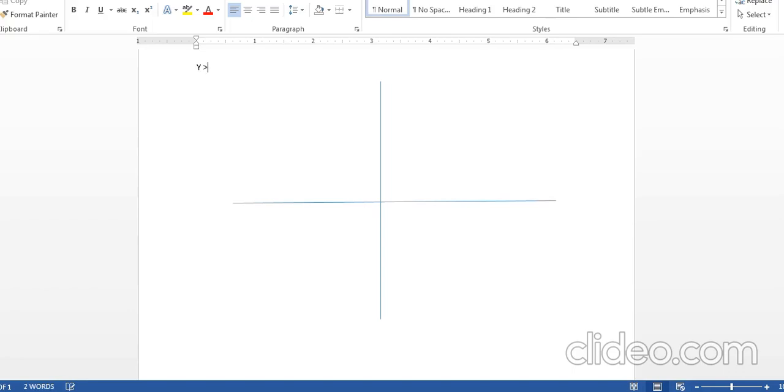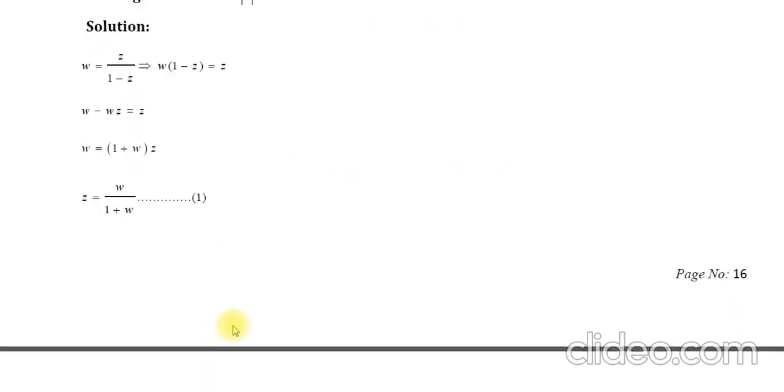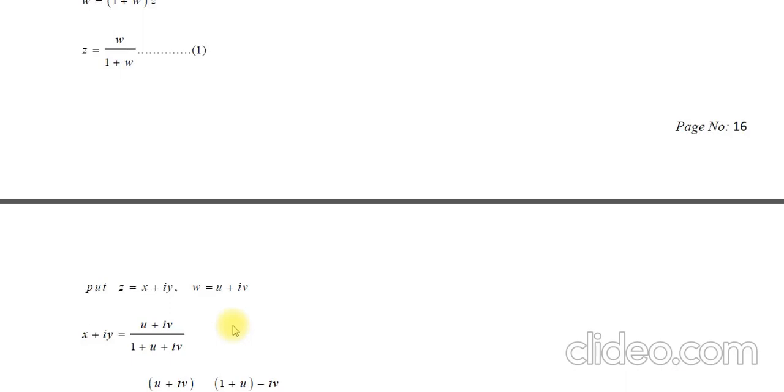Y is greater than 0 is the meaning for upper half of Z plane, right? So the input is Y is greater than 0.